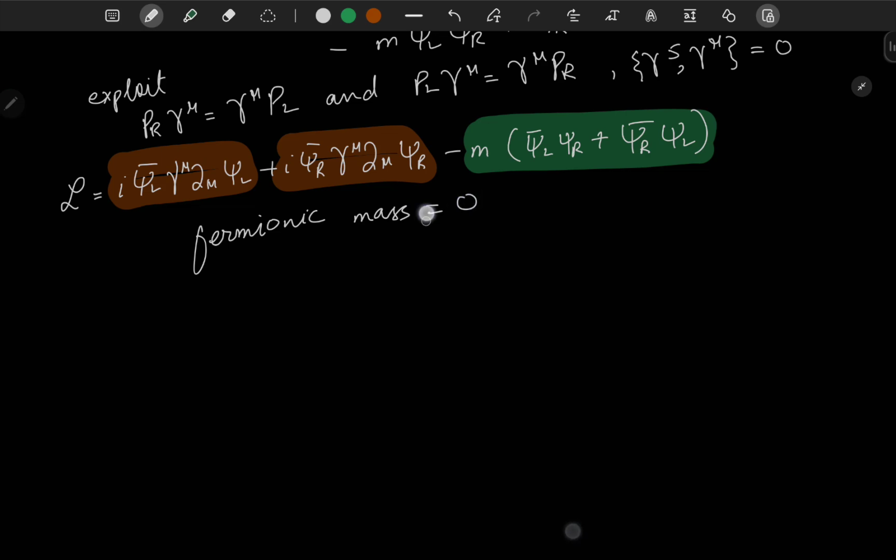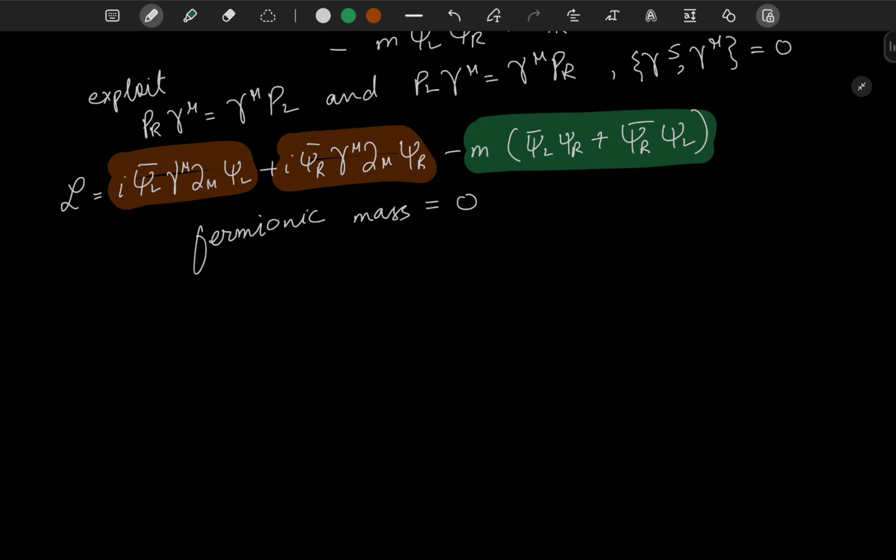This is the assumption that we'll take, and from now on the mass of fermions is equal to 0, even though in reality it is not coherent with the experimental results, but this is how we are going to do it.